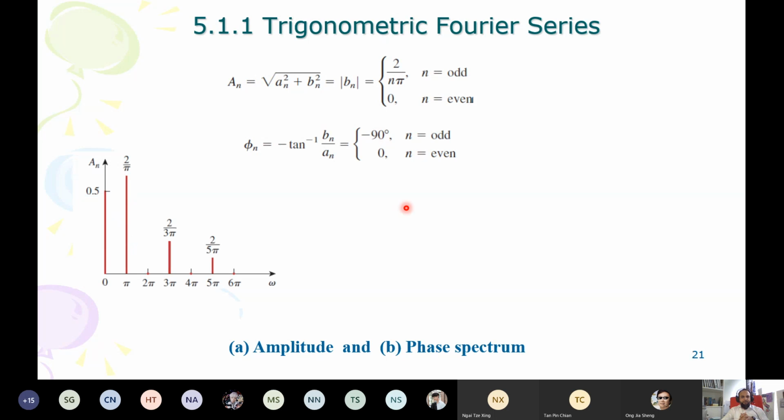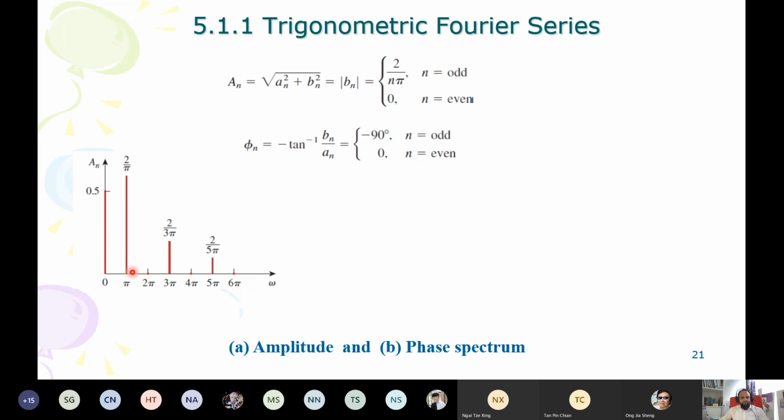Okay, now this is interesting. So far so good, right? A naught was 1 upon 2. So An against omega, we have broken down our function in the frequency domain. At A0 you get 0.5, right?